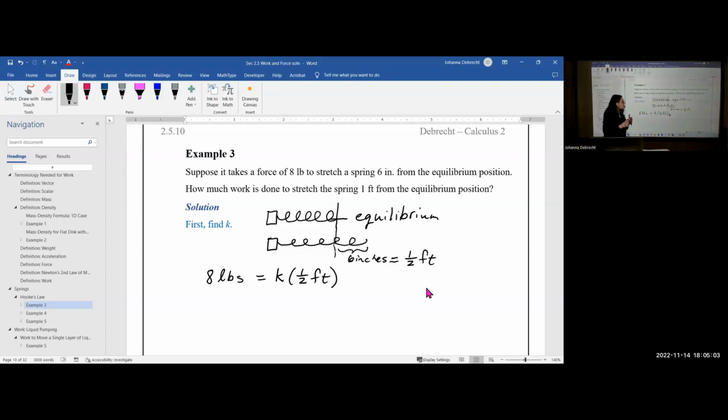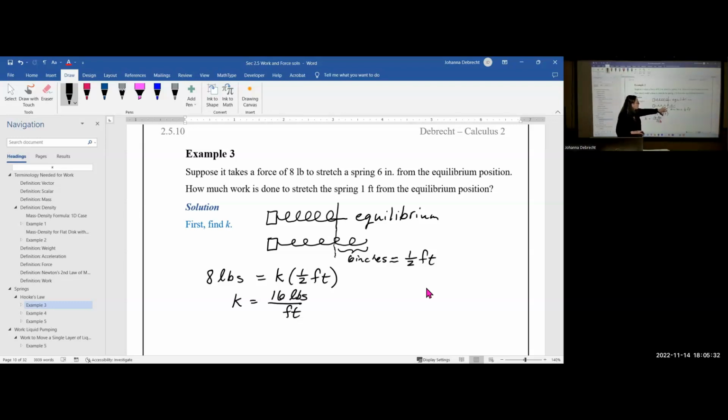So this will tell us, because I know it took 8 pounds of force to move it 1/2 foot, then I know all 3 pieces of Hooke's law except the spring constant. So I can solve for the spring constant, and I get K is equal to 16 pounds per foot, right?